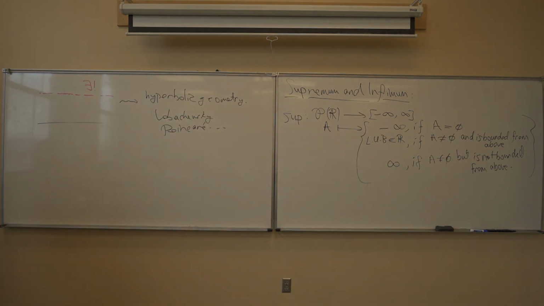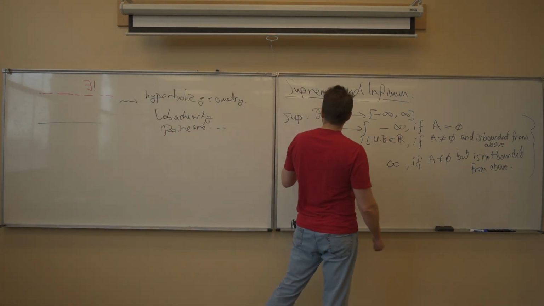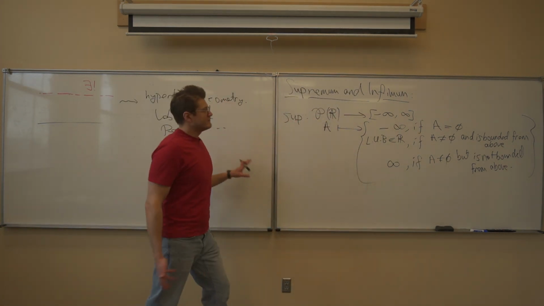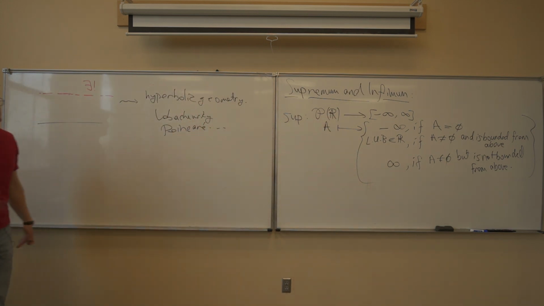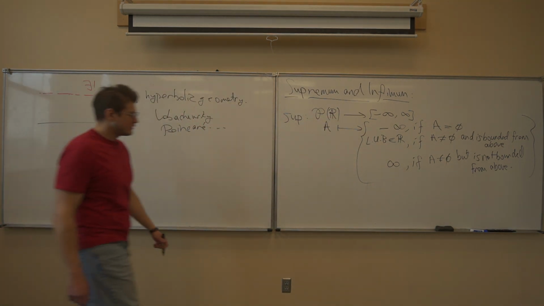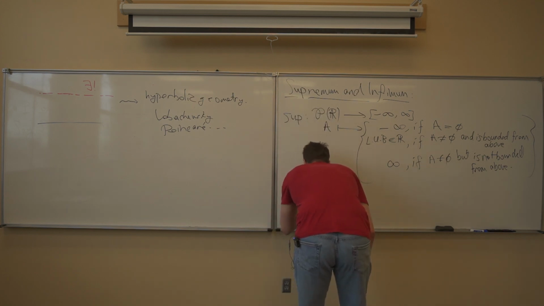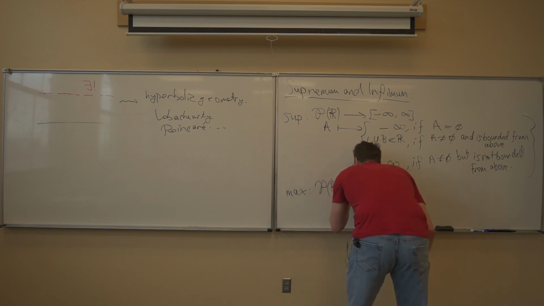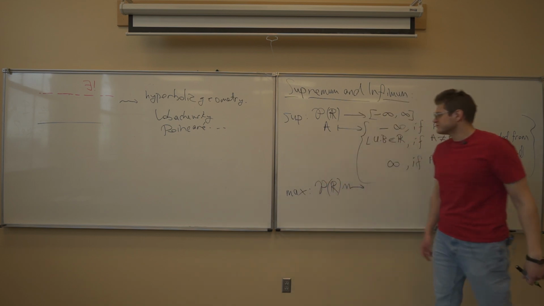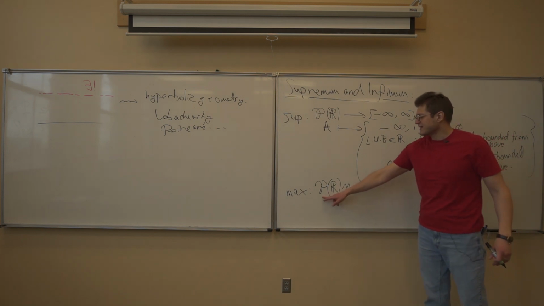Then on top of this, I'm going to define the max function, similar to this, except that the max function is not going to be defined on all subsets. So it's going to be a partially defined function. Let me write it like this. This is my notation for a partially defined function. It doesn't take every single input.